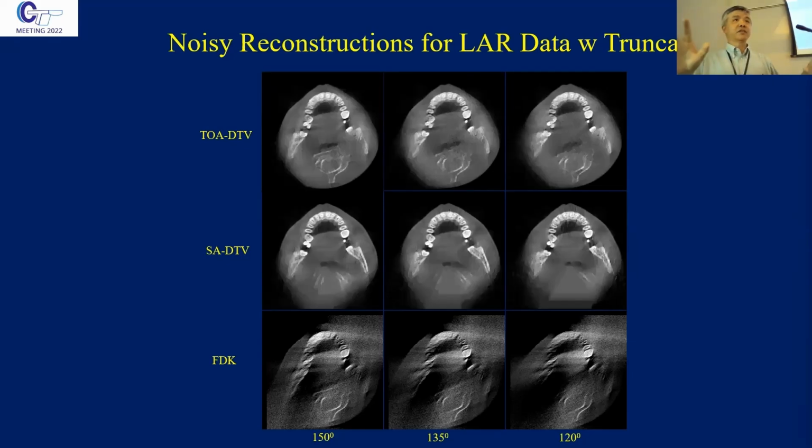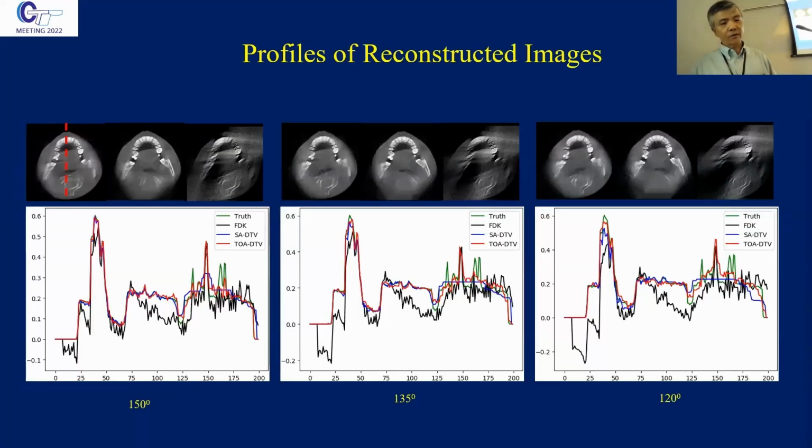I'm not talking about application. I'm not talking about a product, not at all. Just say you have this approach, and if we add a little bit of noise, see what happens. That's all. And the same thing for the noise case, the profiles depend on the angular range, the extent of the angular range, and the arrangement of the angular range.